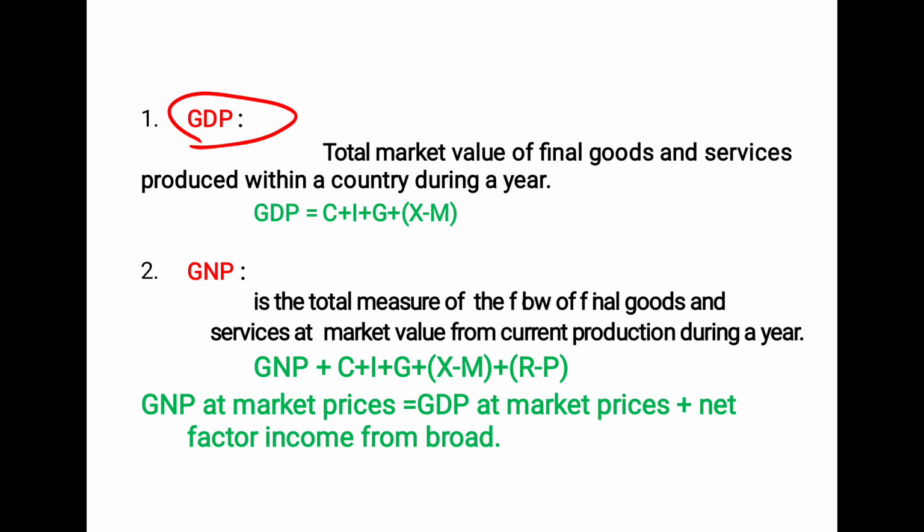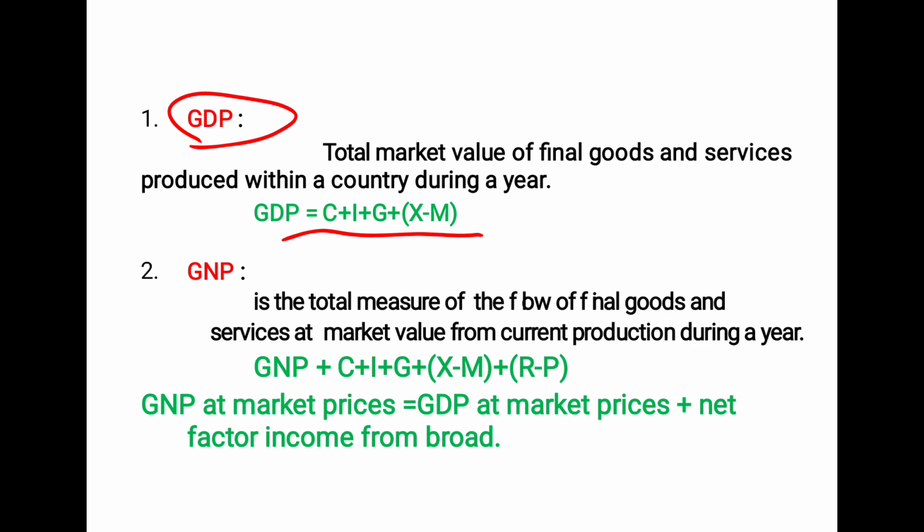So GDP is equal to C plus I plus G plus X minus M. What does C stand for? Consumption, I stands for investment, G stands for government purchases, X stands for export, and M stands for import.